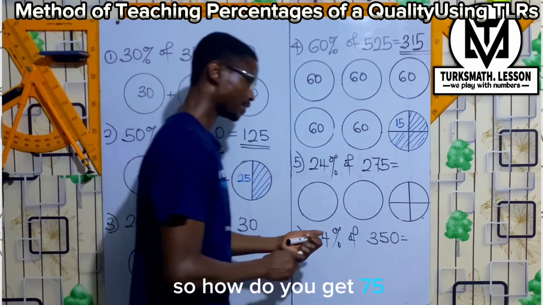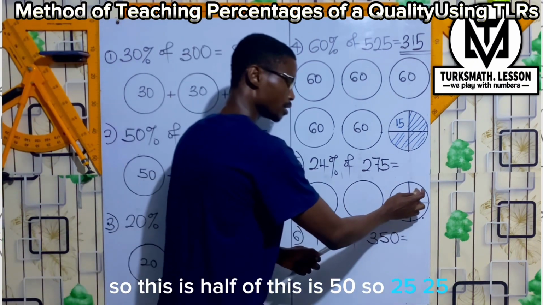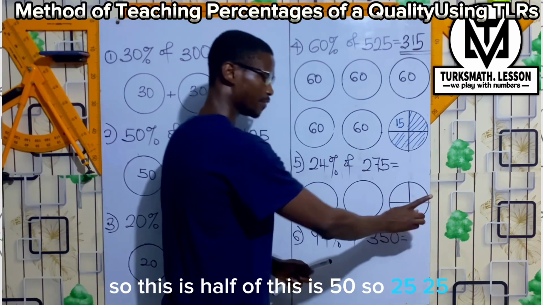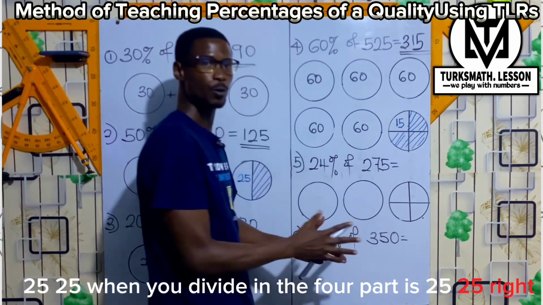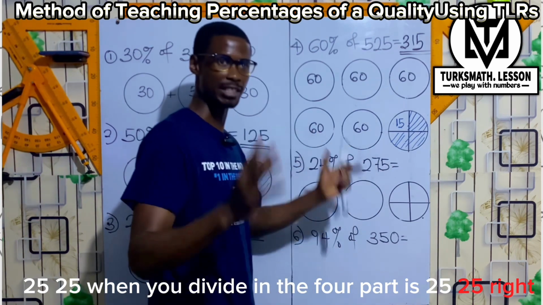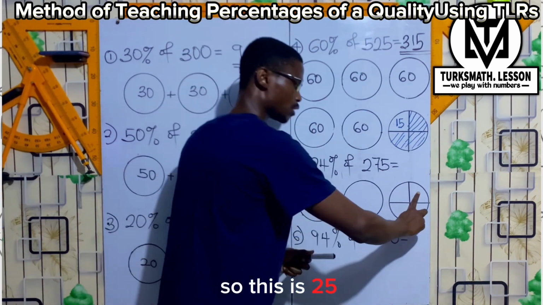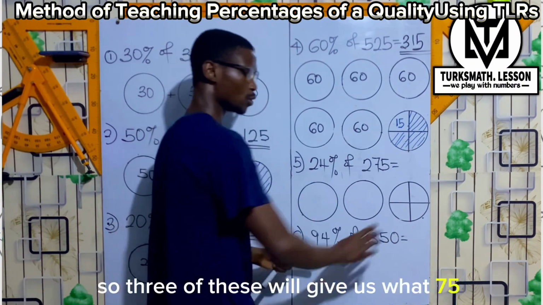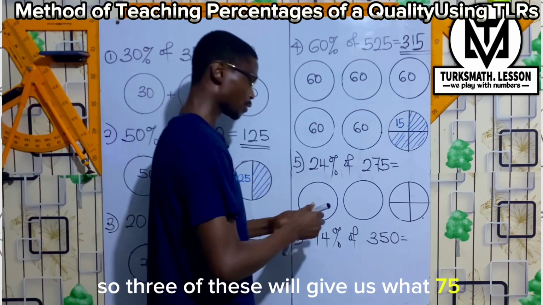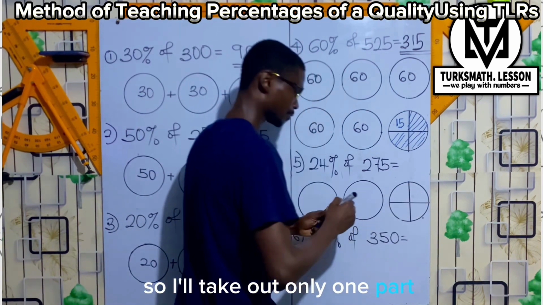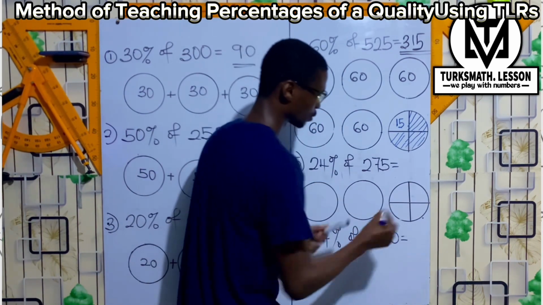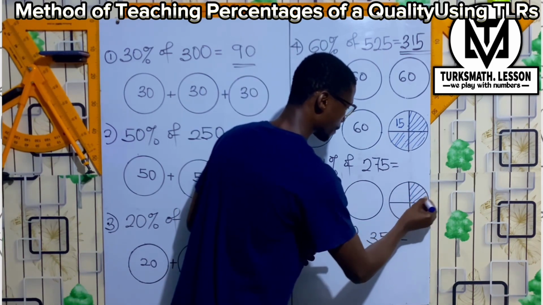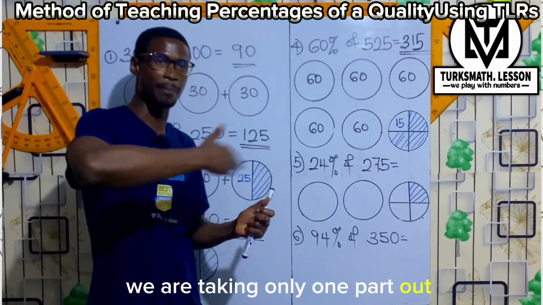So how do you get 75? Half of this is 50. So 25, 25, 25, 25. When you divide into 4 parts, it's 25 each. So this is 25, this is 25, and this is 25. So 3 of these will give us what? 75. So I'll take out only one part. We are taking only one part out.